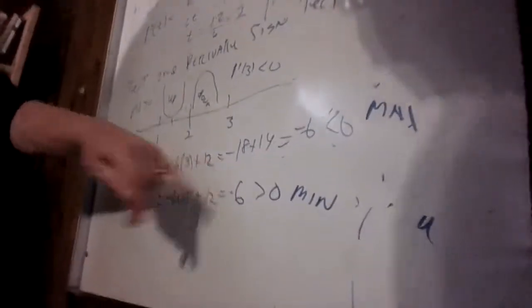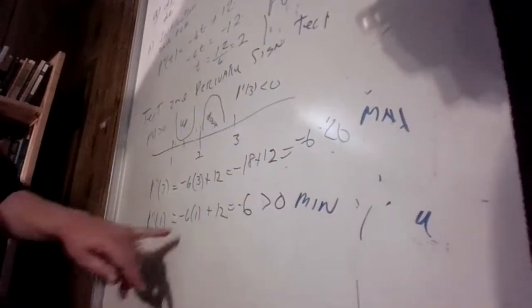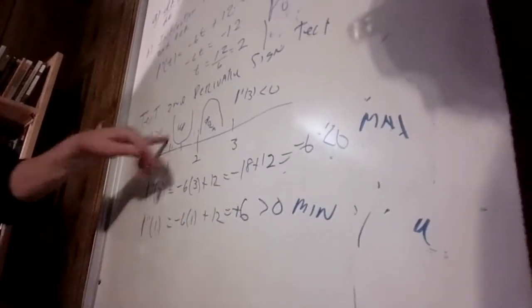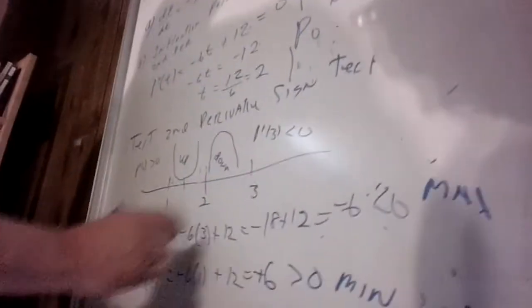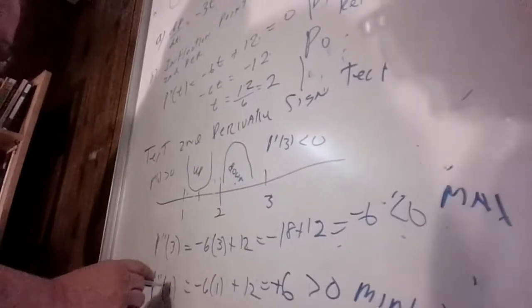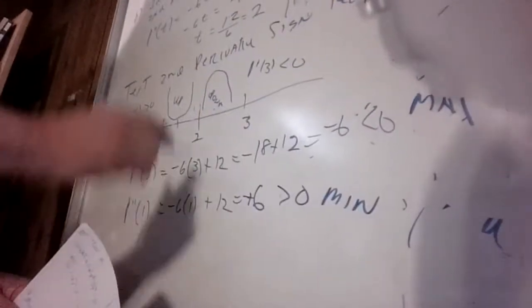This is an ongoing experiment. So you got minus 18 plus 12 is minus 6. Minus 6 plus 12 is plus 6. That's greater than 0. Same solution. 3 gives me maximum, concave down. 1 gives me a minimum, concave up.